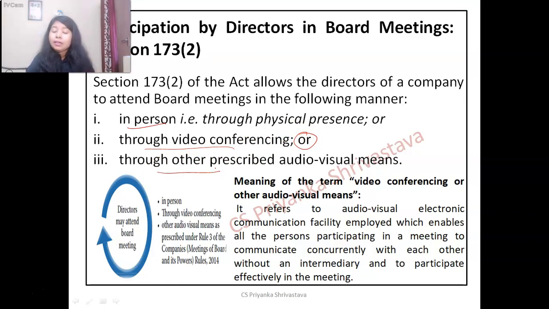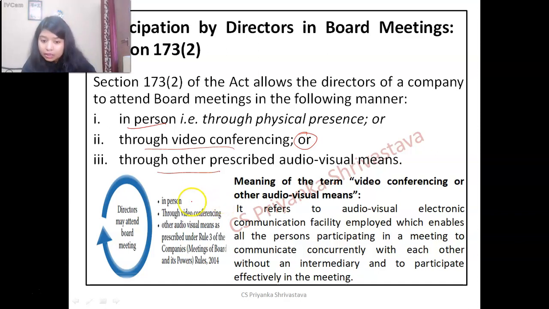So there may be other prescribed audio visual means by which you can listen to someone plus you can see their video. Both things are possible. So either in person or through video conferencing or through other prescribed audiovisual means, anyone can attend the meeting.